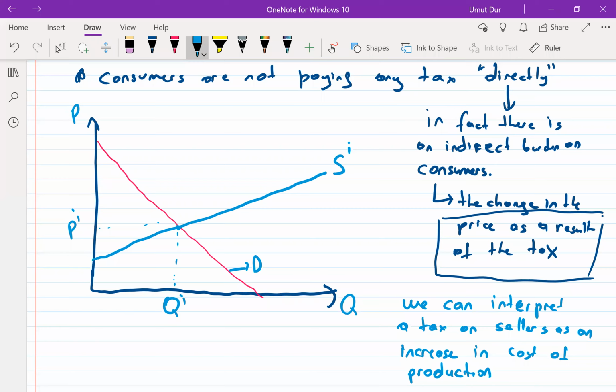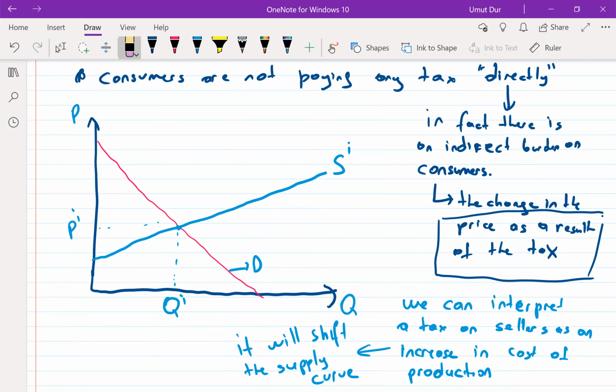So it will shift the supply curve. The tax charged by the government will shift the supply curve in which direction? Do we have a shift to the left or to the right? It will cause a shift to the left, and the reason is the following.